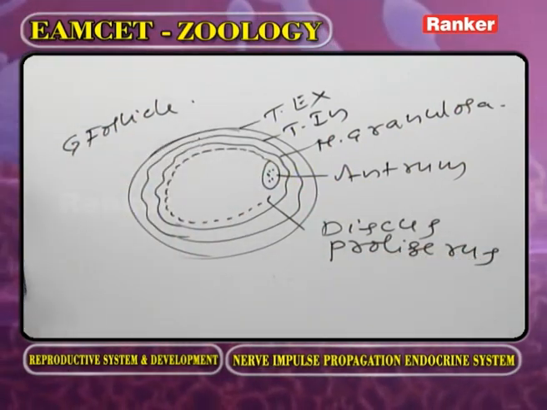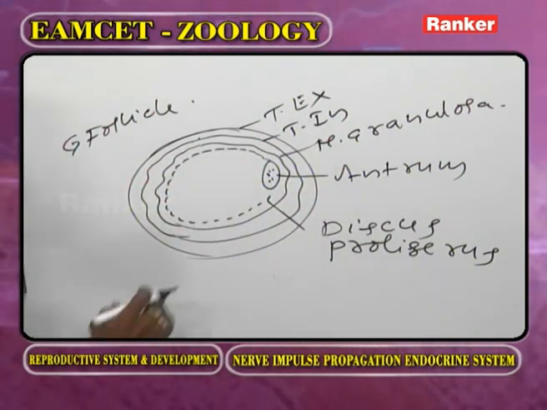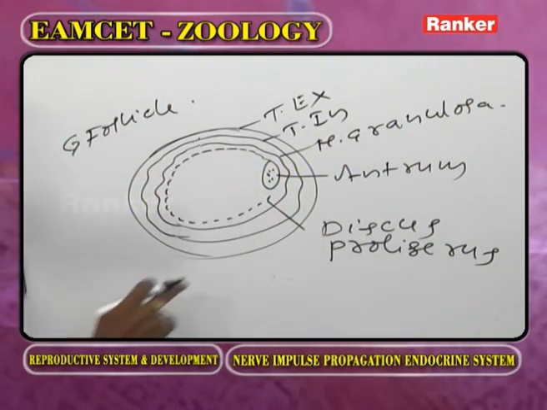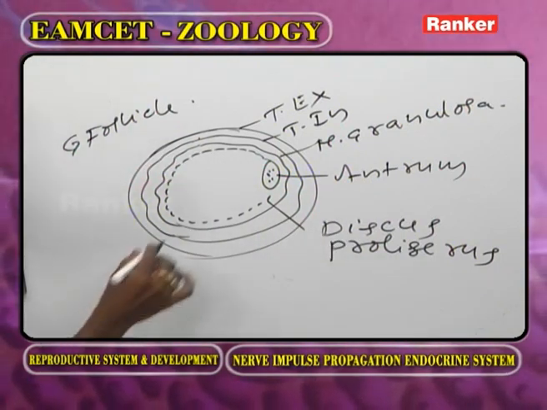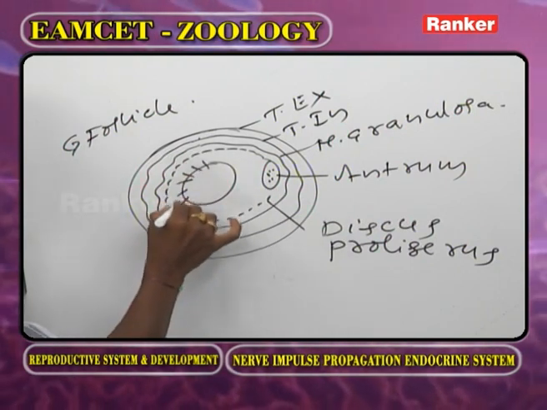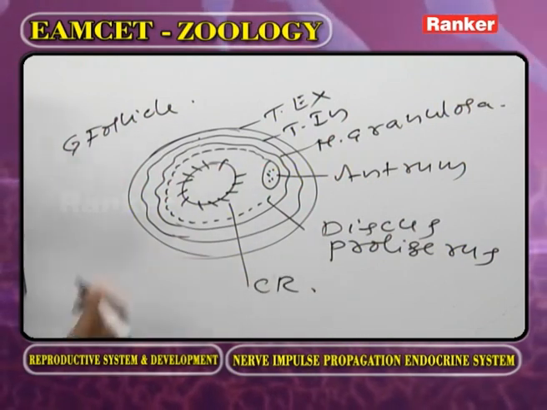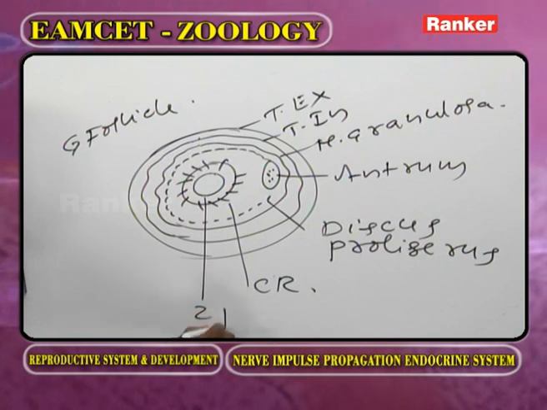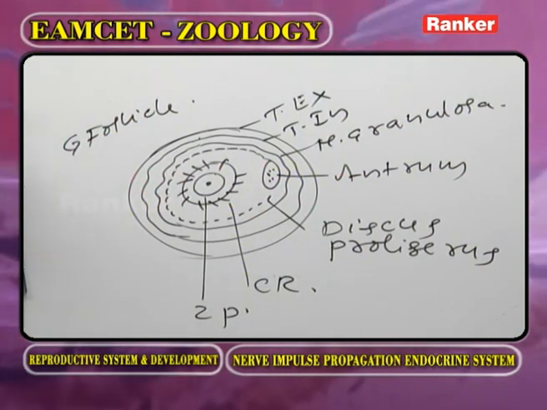First is theca externa, then theca interna, then membrana granulosa. On one side what is present? A cavity, the antrum, followed by the discus proligerus. Now this one we call the corona radiata. It is followed by the glycoprotein layer, the zona pellucida, and this one we call the ovum.